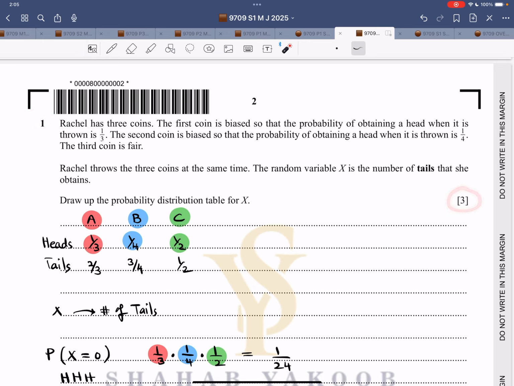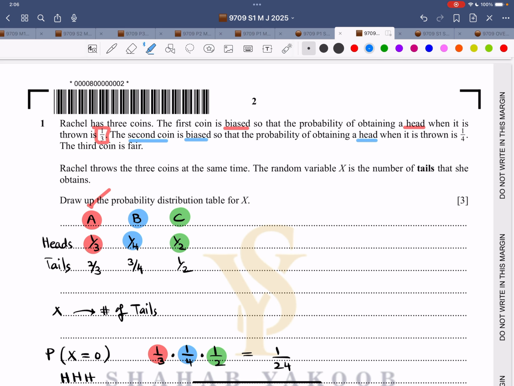It's worth 3 marks. It's a probability distribution classic question. It says Rachel has 3 coins, and let me underline it. The first coin is biased. The probability of obtaining a hit is 1/3, so I have written it over here. I have labeled the first coin as A. Similarly, the second coin is also biased.